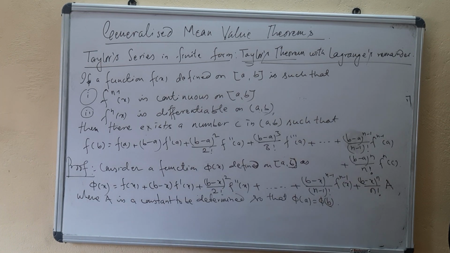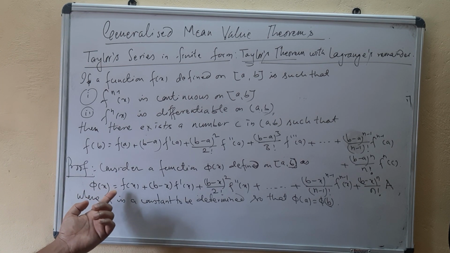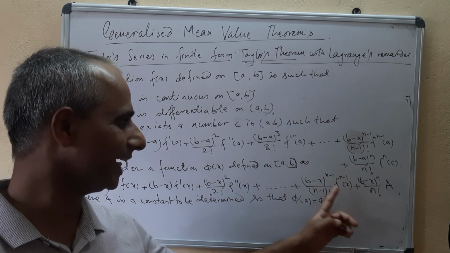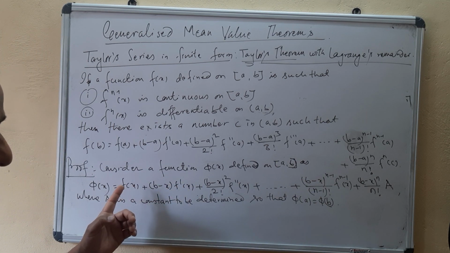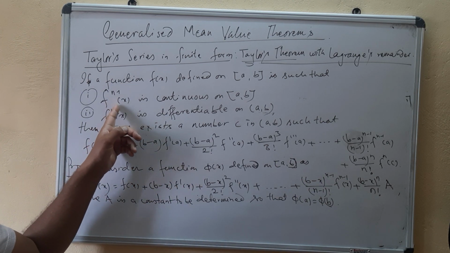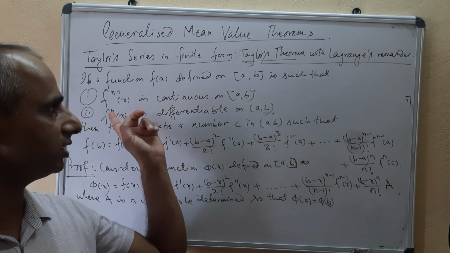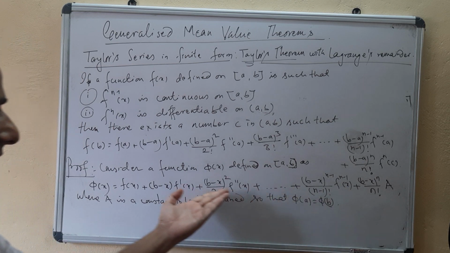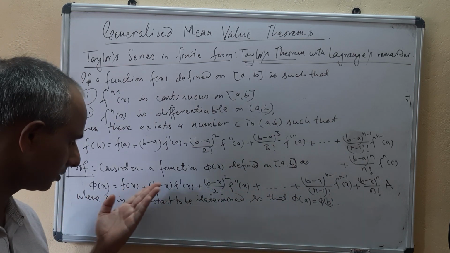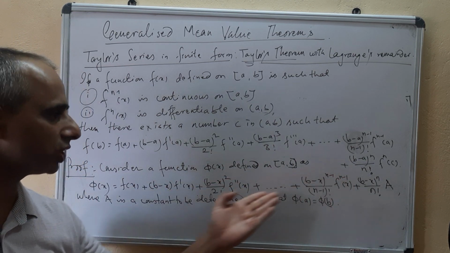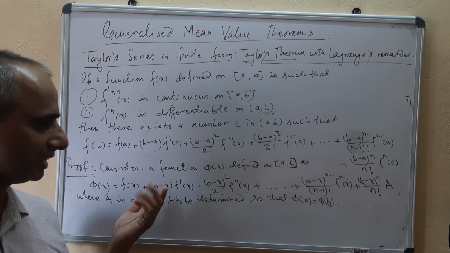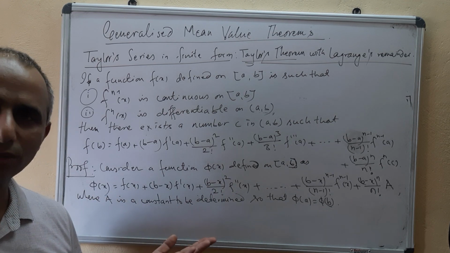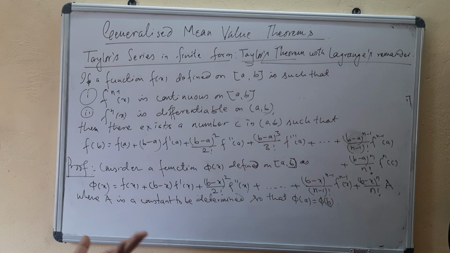The first condition: phi(x) is defined in terms of f(x), f'(x), up to f^(n-1)(x) and other polynomial functions, and we have been given that up to f^(n-1)(x) are continuous on closed interval AB. So this is the sum of continuous functions, each and every term is continuous on closed interval AB. So phi(x) is continuous on closed interval AB, we can say very clearly.